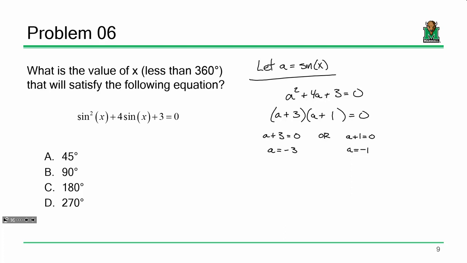That means that, actually, I'm going to use some colors. I mean, what did we originally state? We said that a was the sine of x. So, really, this is what we're looking at, isn't it?